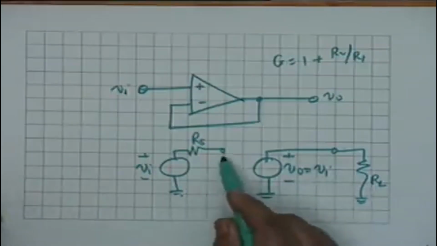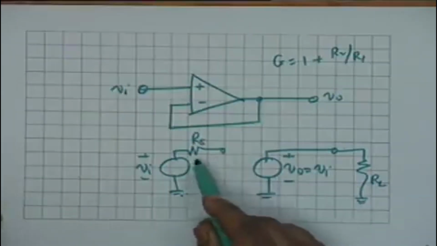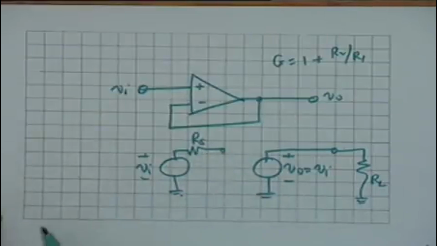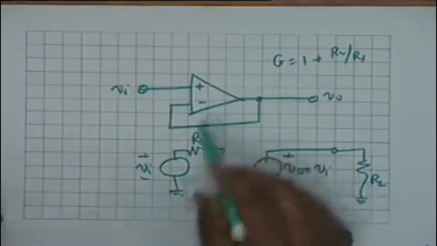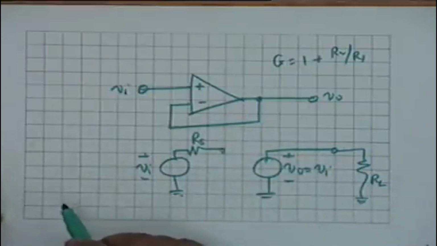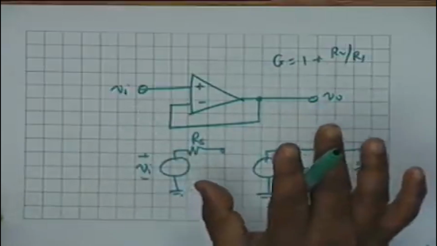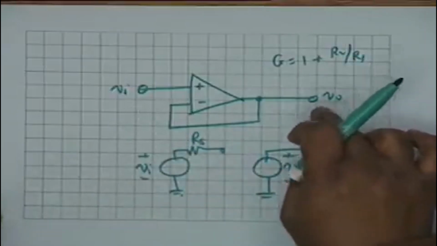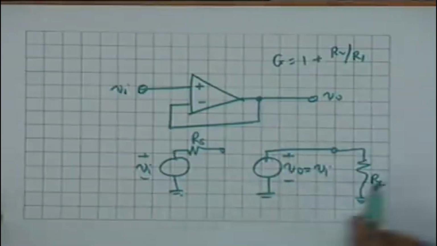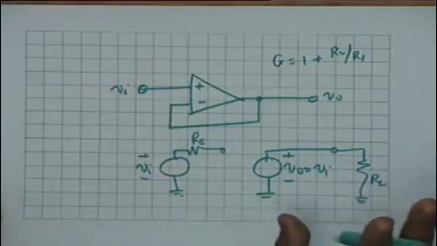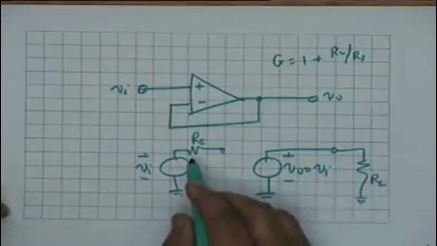In other words, the current in the load would depend on Rs, which is not the case here, because Vi, whatever the source impedance, is transferred directly to the output, and therefore the load current or the load voltage shall remain Vi irrespective of what Rs is.